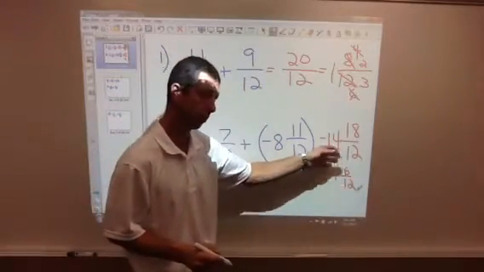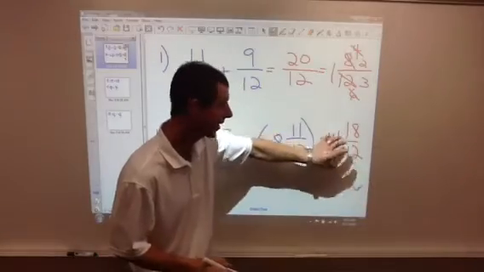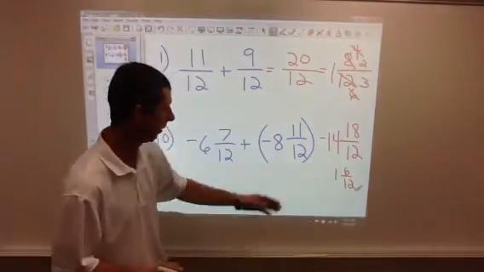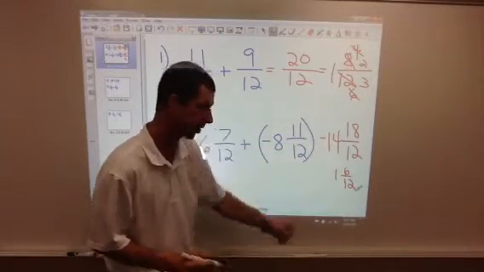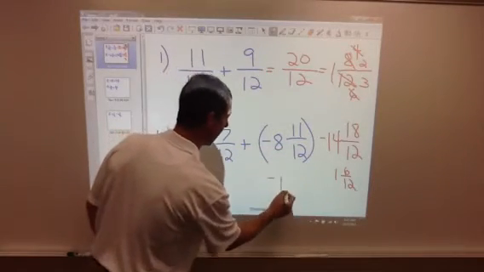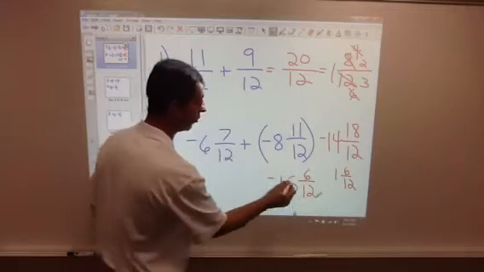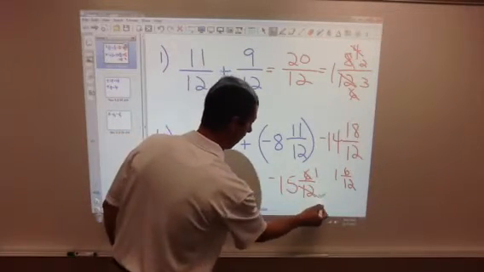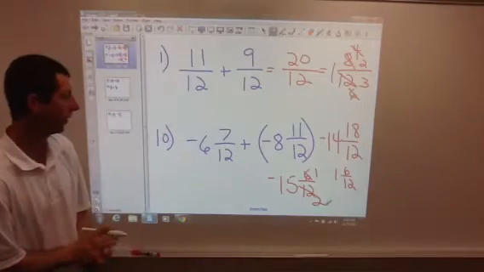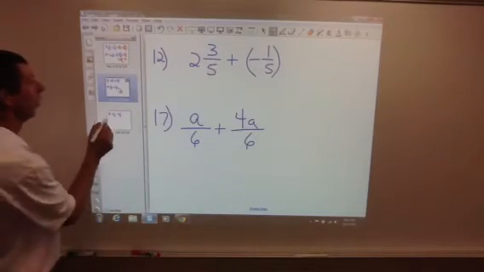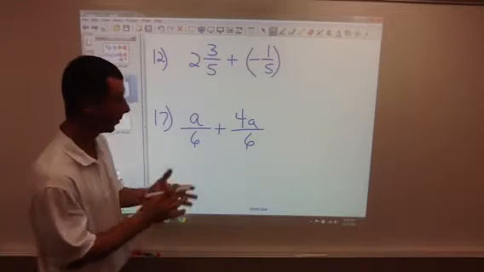That has to go onto this, and since the whole thing is negative, negative 14 becomes a negative 15 and 6 twelfths. So my answer is negative 15 and 6 twelfths, which we can reduce to negative 15 and 1/2.